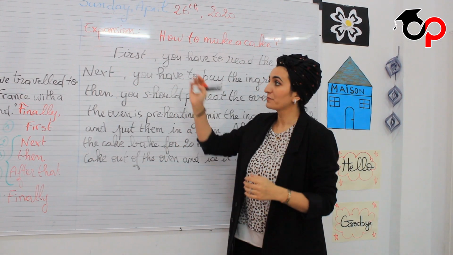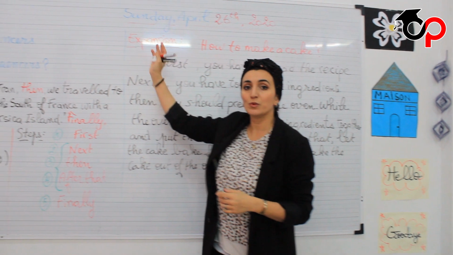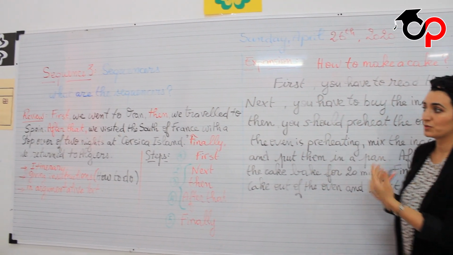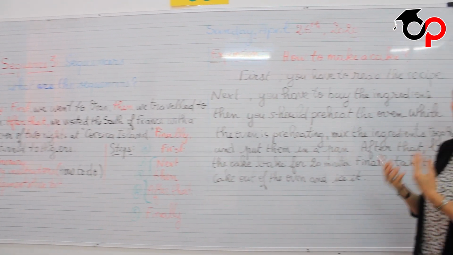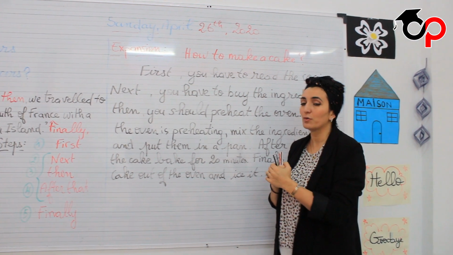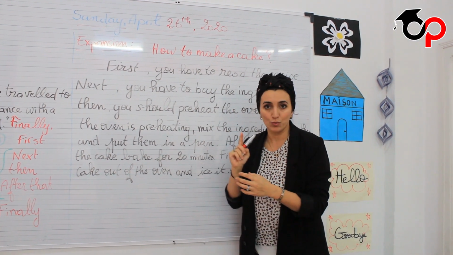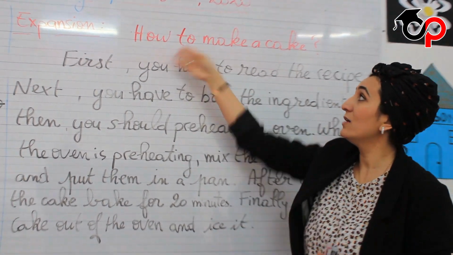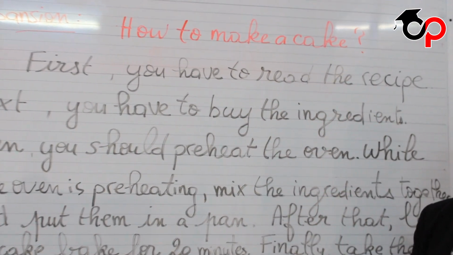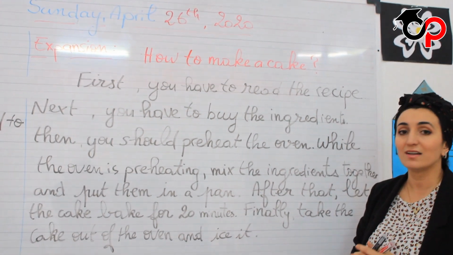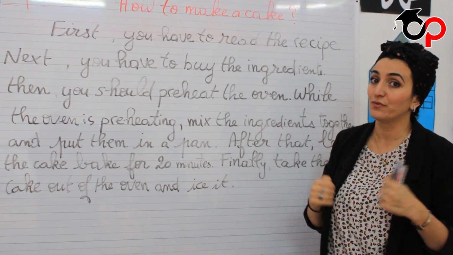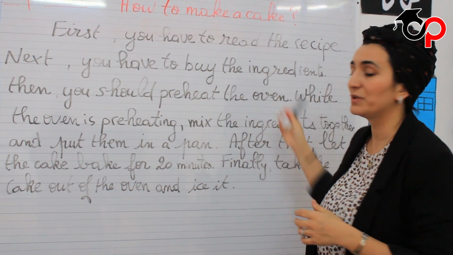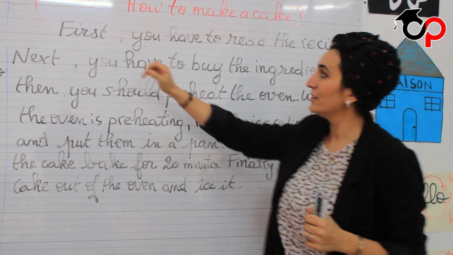Okay, so here, in the first part, we talked about how to describe or to talk about your travel itinerary, okay? As you already studied in sequence 1. Now here, let's think about how to make a cake. If you want to make a cake, what are the necessary steps you have to follow? Let's read this short paragraph.